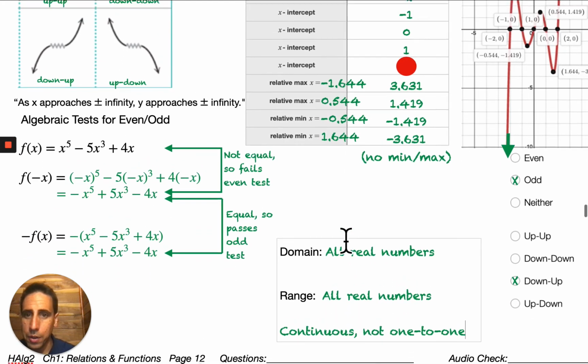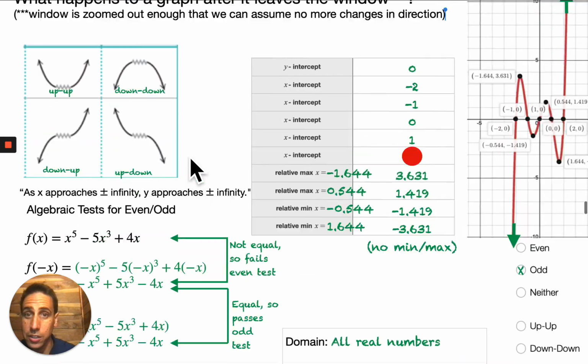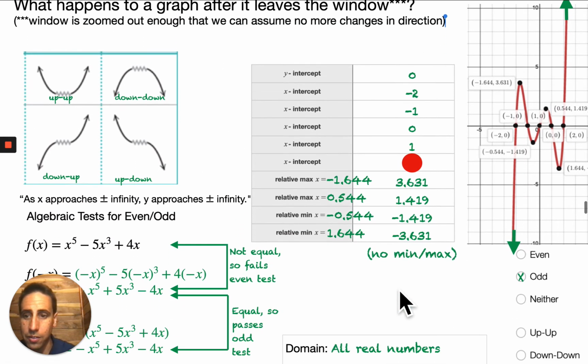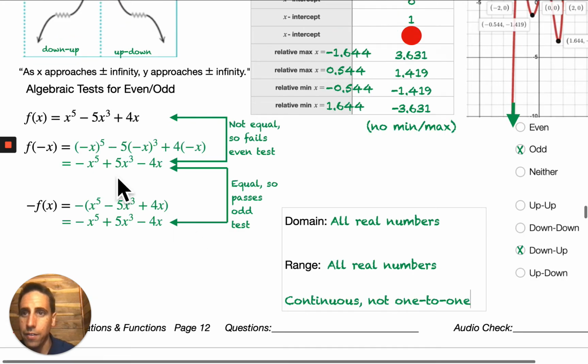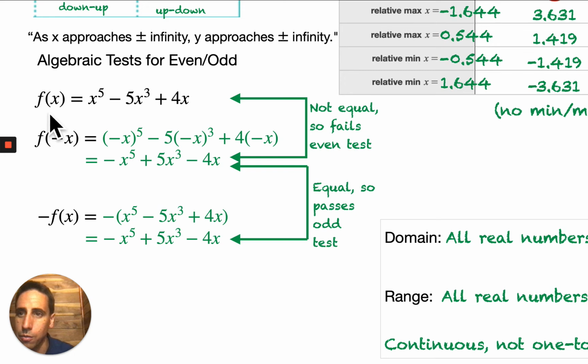Let's do a little bit of algebraic tests for even or odd. This is the actual function. This right here is the curve x to the 5th minus 5x to the 3rd plus 4x. So let's do the even test. We've got the function. We have to figure out what f of -x is. We put -x in each time we see x here.